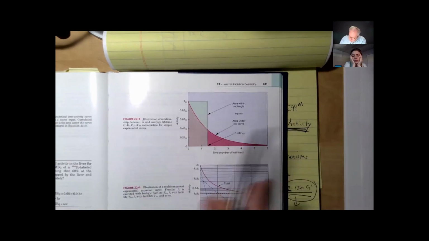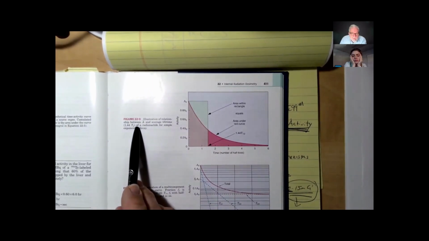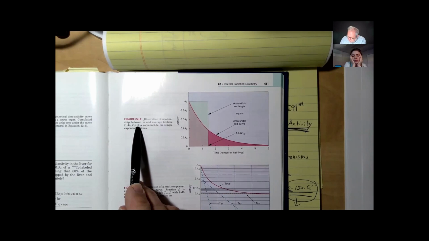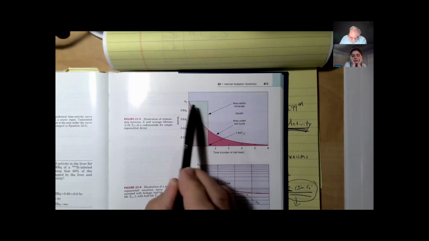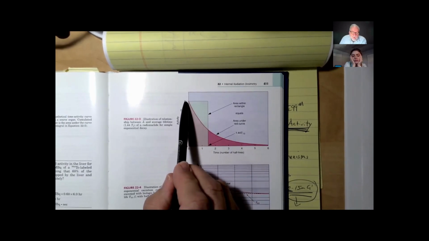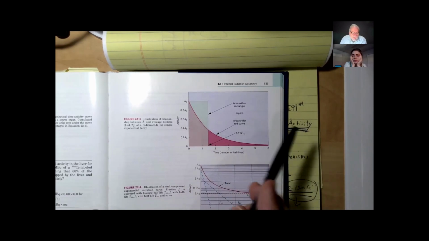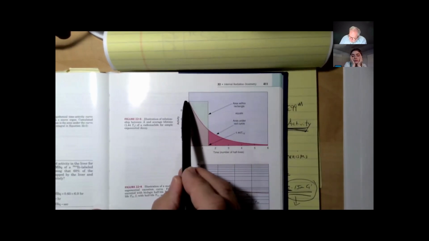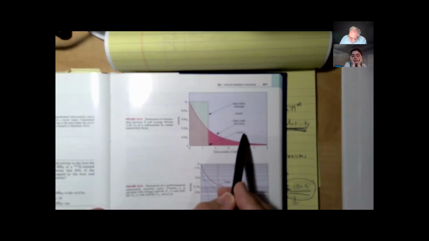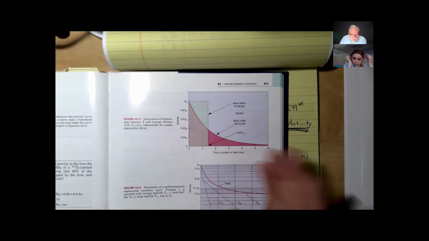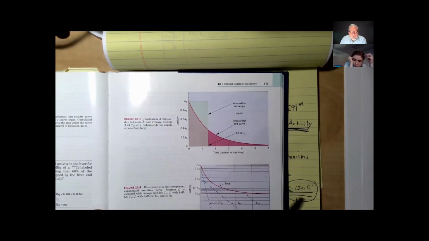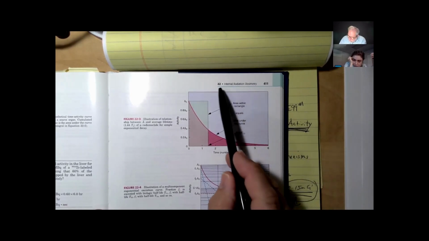And we only use this to do calculations for dosimetry, because as long as we know the half-life and the starting activity, we don't have to do a fancy integration of the curve. We can just substitute the initial activity times the 1.44 times the half-life, the average lifetime, to get the area under the curve. So it's an approximation that simplifies the manipulation of the equations for internal dosimetry.